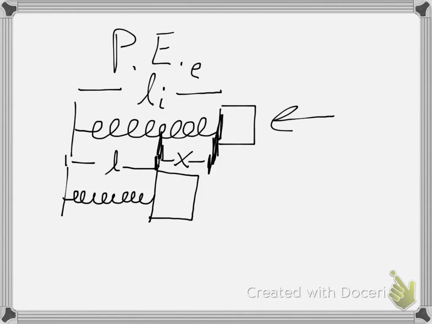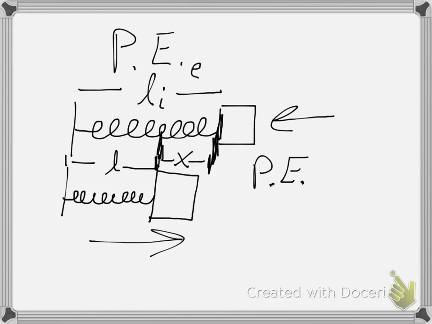So we have put a potential energy into the system. If we hold the block in place, nothing will change, but if we release the block, then the spring will push it out and it will move out at some initial speed. And we can actually calculate what that speed will be.